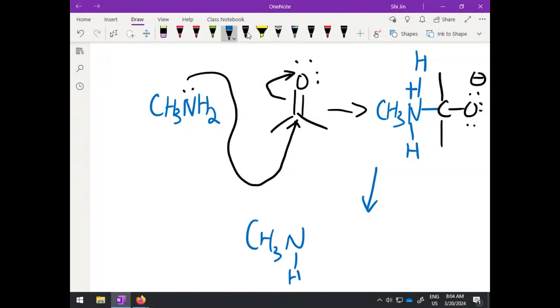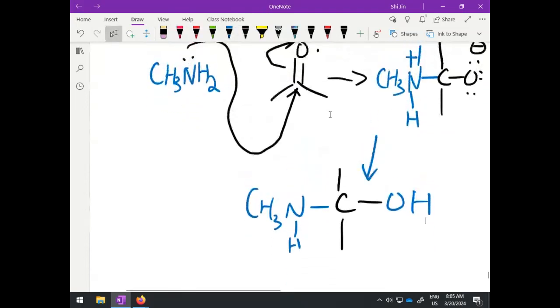You will get this. You don't need to worry about the name. Basically, it's the nucleophilic addition product. As long as you know the proton adds to the carbonyl oxygen, and the nitrogen nucleophile adds to the carbonyl carbon.